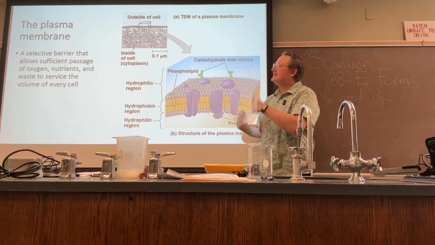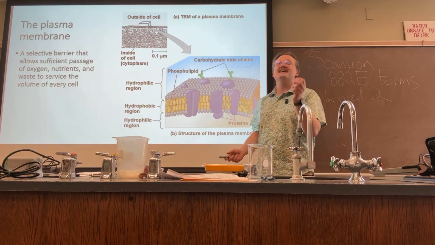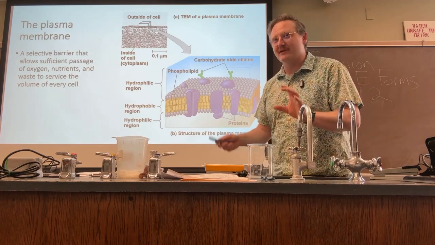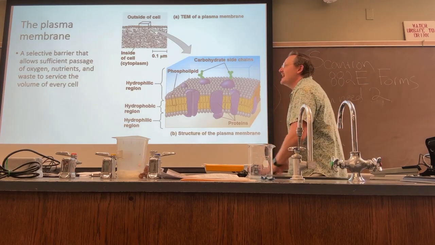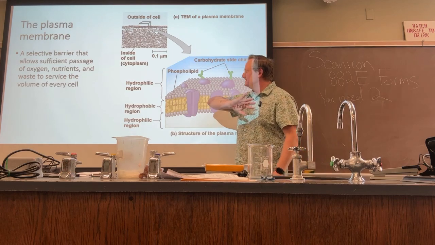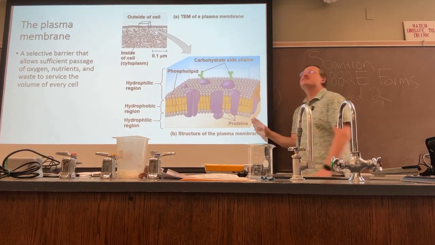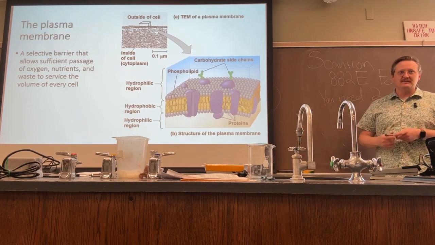All right? So it is a selective barrier if we're talking about the plasma membrane, because, and I'm sorry to be so circuitous with this, the plasma membrane includes the phospholipid bilayer and all of these proteins embedded in it. Cool?